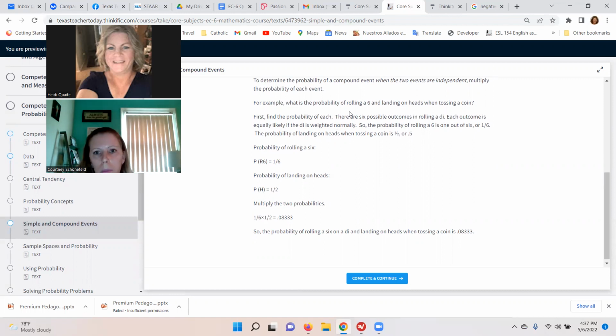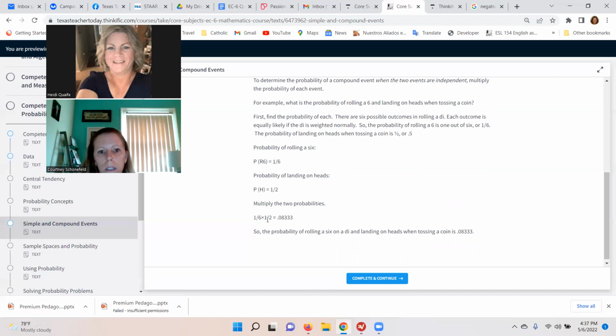If we want to find the probability of rolling a 6 and landing on heads, what we would do is say, okay, I know the probability of rolling a 6 is 1 out of 6. Remember, that was like a simple one that we did earlier. There's 1 six on the die, and there's 6 possible outcomes, 1, 2, 3, 4, 5, 6. So the probability of this is 1 divided by 6. The probability of landing on heads is 1 divided by 2 that we already did, right? So now to find the probability of a compound event, we multiply those 2 numbers.